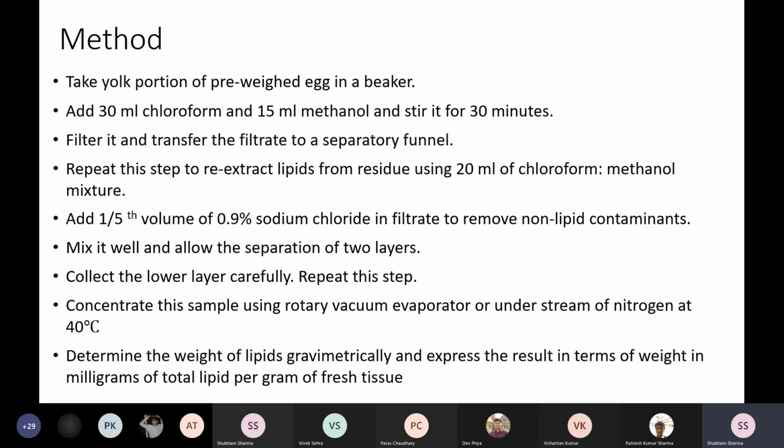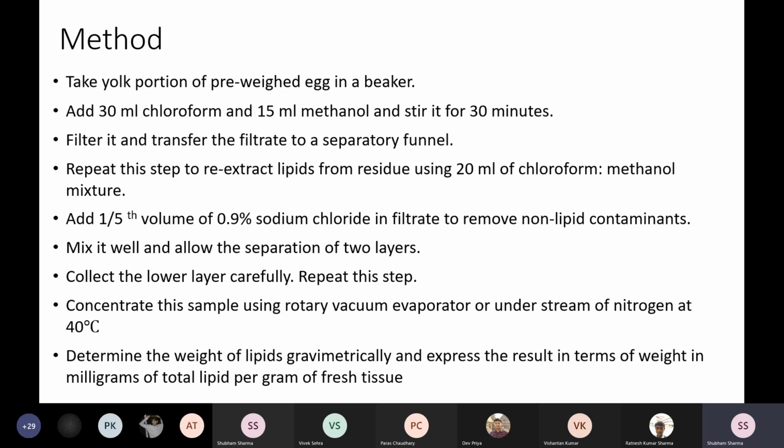After stirring, we will filter it. After filtration, we will again add 20 ml of chloroform methanol mixture in a ratio 2:1, and again filter it. We will repeat this step twice so that we can re-extract the lipid properly.